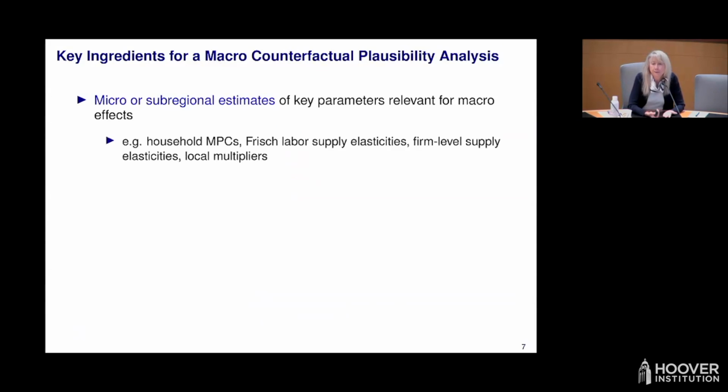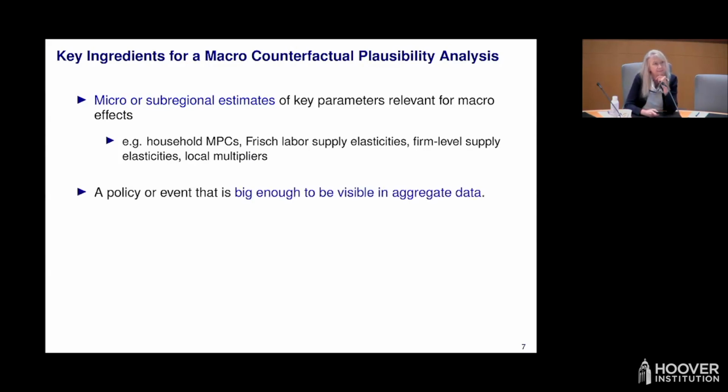So what are the key ingredients to a macro counterfactual plausibility analysis? First, you need micro or subregional estimates of key parameters relevant for macro effects. So for example, the household MPCs I just talked about, labor supply elasticities, firm level supply elasticities, or say local city multipliers or state multipliers. Any of those sorts of things using those applied micro types of methods.